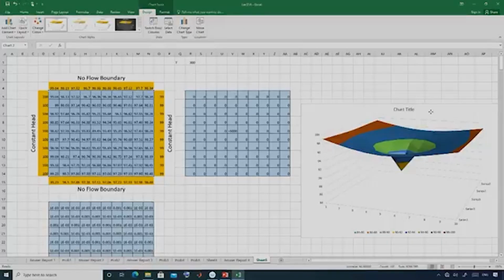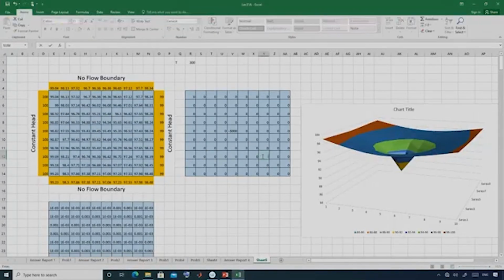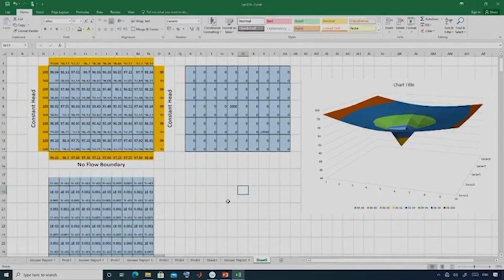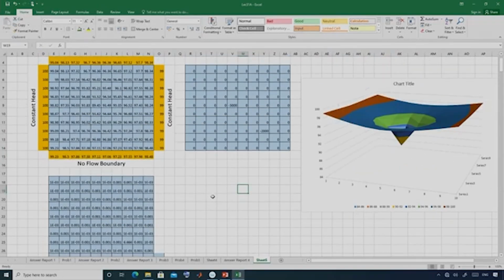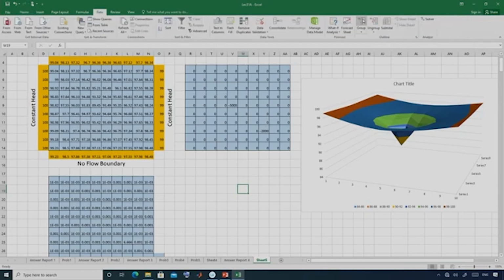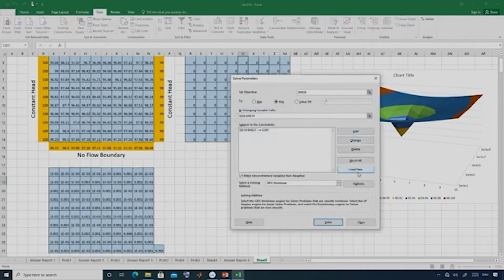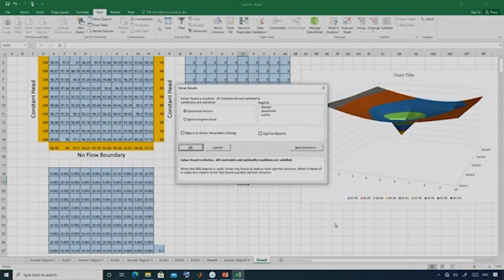You can also see, suppose I put another well somewhere here, with pumping of minus 2000, and now the error is 6.76. I can also minimize this error: just go to data and solver, then I will solve it again. So, let me solve it again.